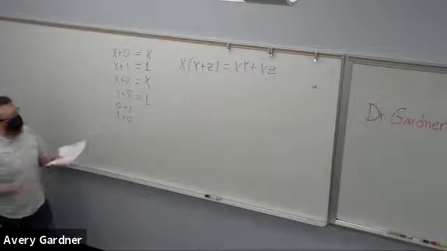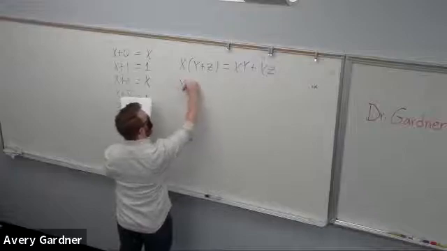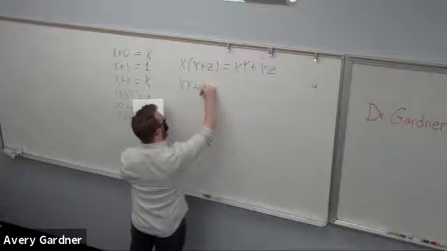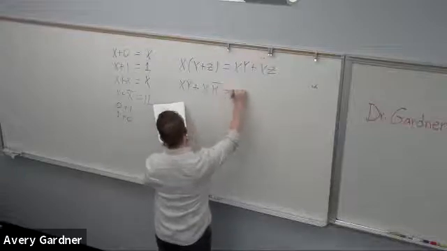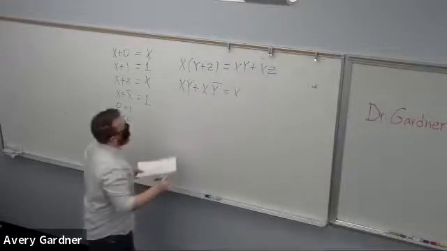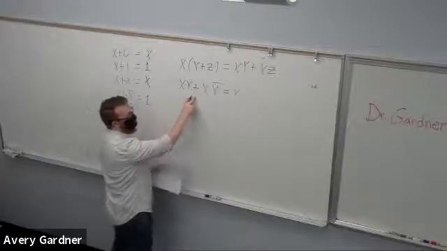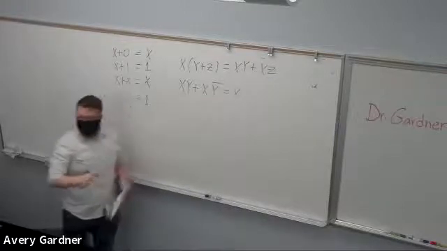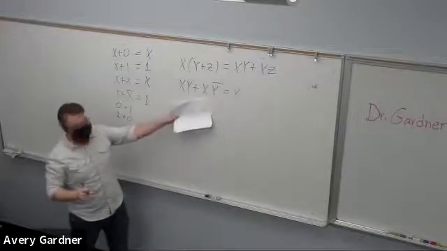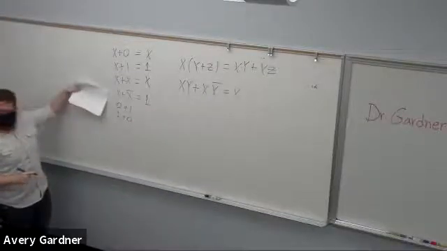There's this one that we call logic adjacency, where if we have x and y or x and y bar, it just equals x. We can prove that by factoring it out, just by factoring it and then using this identity.